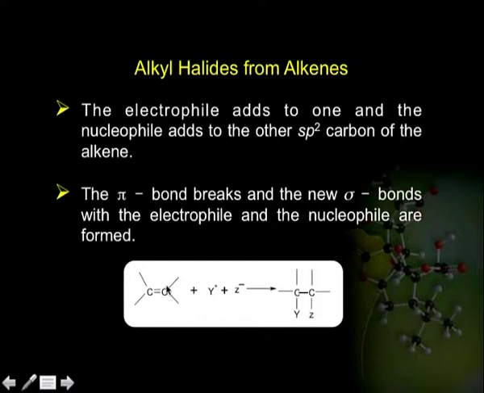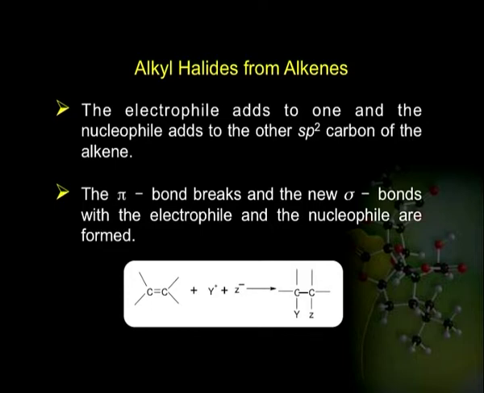So, we have an alkene, a double bond here, and it reacts with the hydrogen halide, or there are two parts of the reactant, that is we have a plus part that is electrophilic in nature, and we have a negative ion or the negative part of that molecule which acts as a nucleophile.